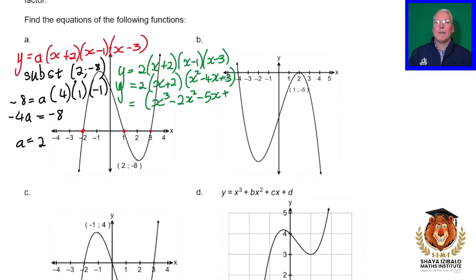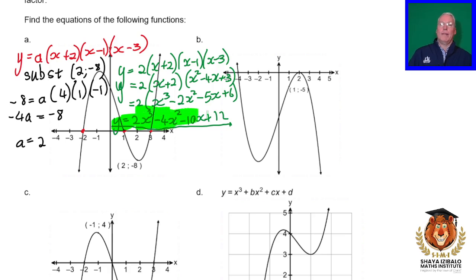And then lastly, when we multiply by the 2, we're going to get our final answer in standard form, y equals 2x cubed minus 4x squared minus 10x plus 12. Okay, I'm really sorry about the lack of space here. We will fix it before we print next year's workbooks. But there's our final answer.